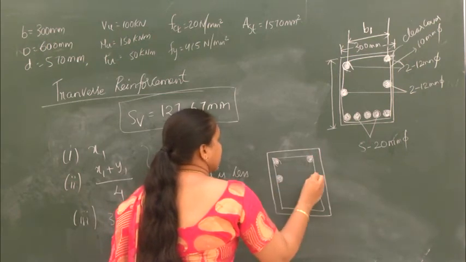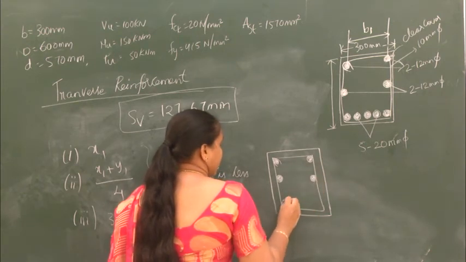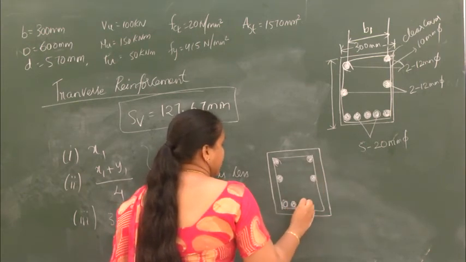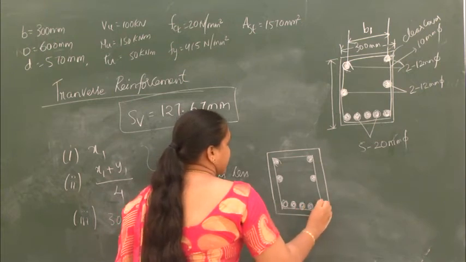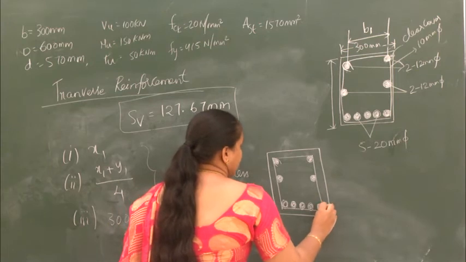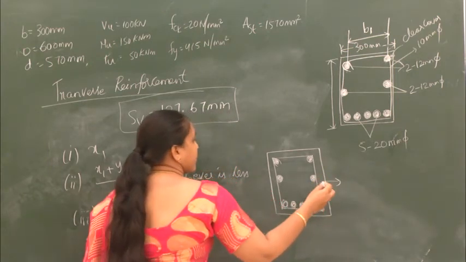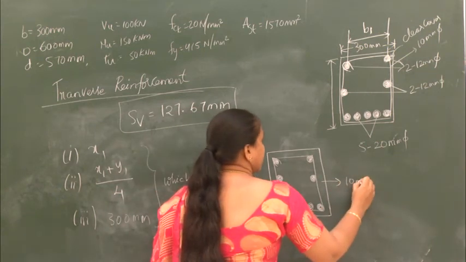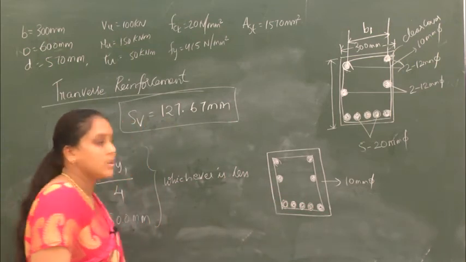This is the side face reinforcement. This is the bottom reinforcement. So this is the stirrup. This is the two-legged stirrup of 10 mm diameter.